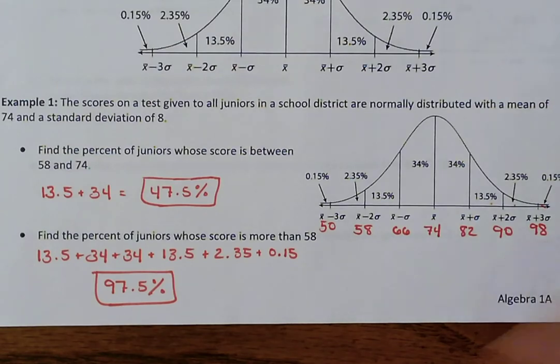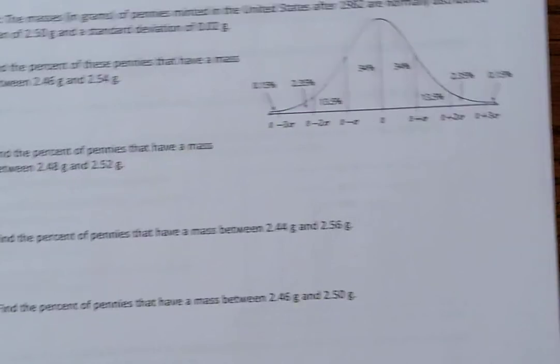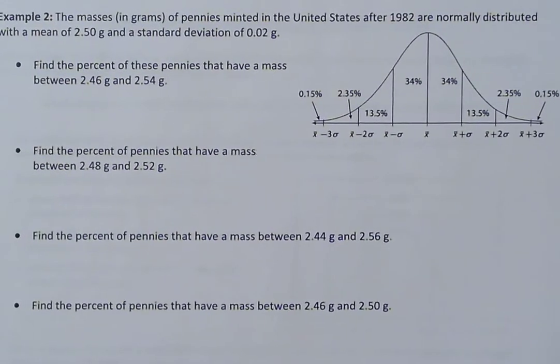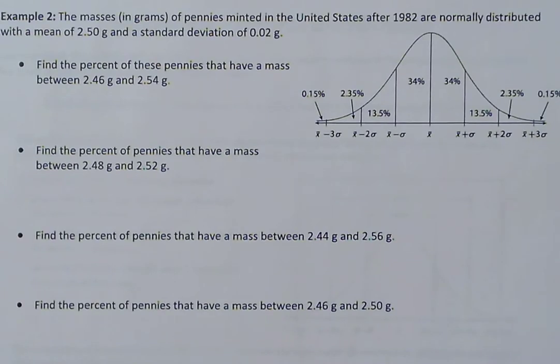I do want to, just for matter of giving you more examples to look at, take a look at example 2. So we're going to take a look at example 2, and then we'll wrap up our notes for today.